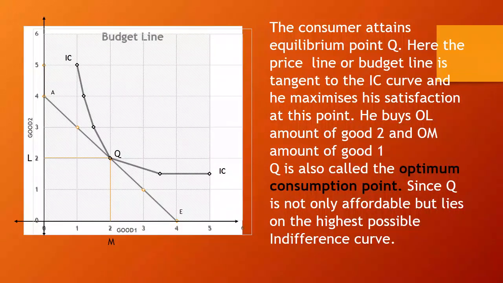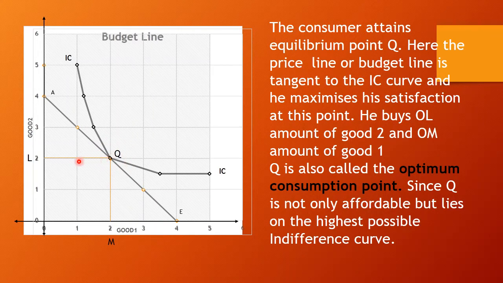The consumer attains equilibrium at point Q. Here, the price line or the budget line is tangent to the IC curve and he maximizes his satisfaction at this point.